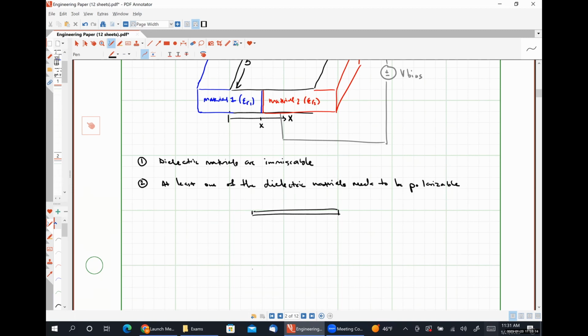So we have our two plates across which we're applying our bias voltage. Here's my interface.